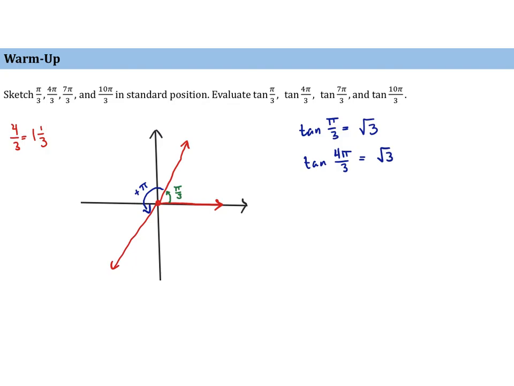Now, if we go ahead and look at our next angle, 7 pi over 3, and we want to find the tangent of 7 pi over 3, I will say, okay, 7/3 is 2 1/3, which means that to my 4 pi over 3, my 1 1/3, I just have to add pi.